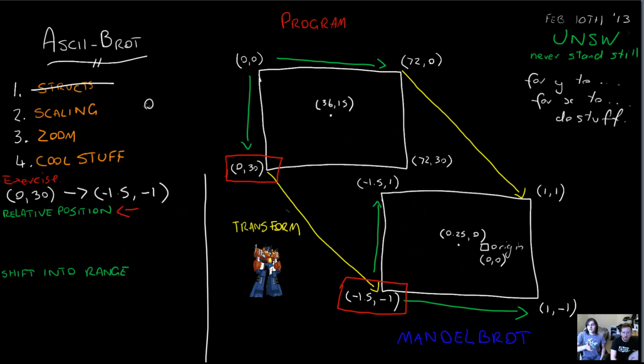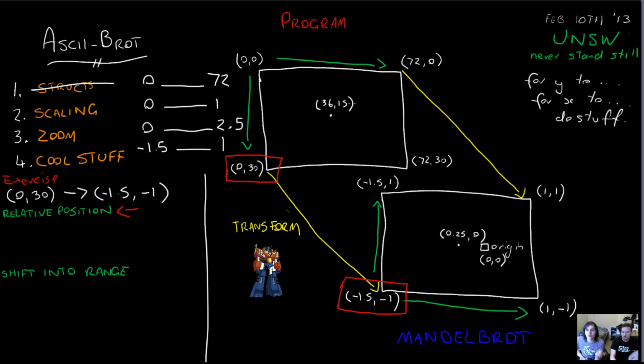Say a point was in the middle, you'd get half for the x-coordinate because it's halfway through the screen. If it were 3/4 of the way through the screen, it'd be 0.75. The way you do that is you first get your program coordinates, and then you divide that by the range of your program.